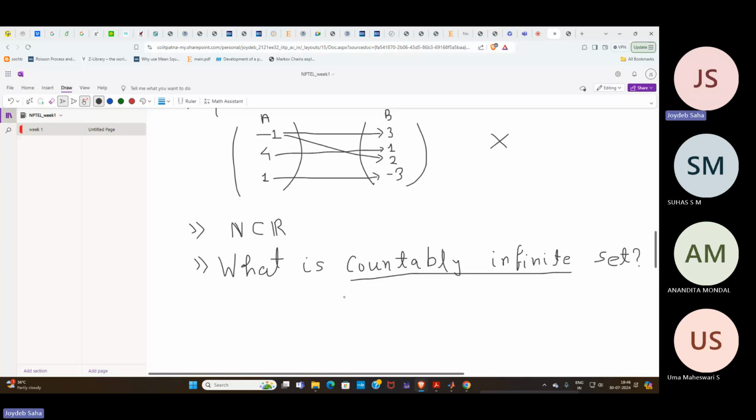If we are saying that a set is countable, then what does it mean? Whether it includes a finite number of elements, or whether it includes an infinite number of elements. Think 2-3 minutes and answer.